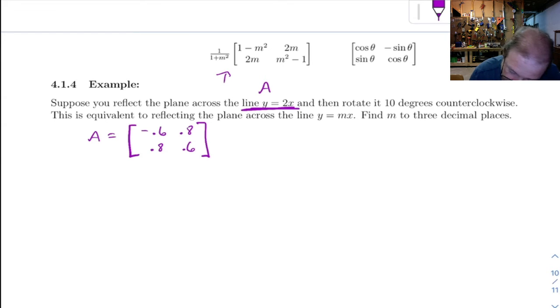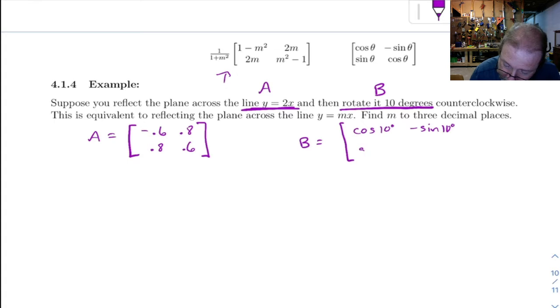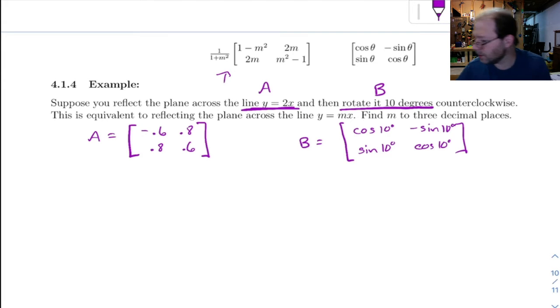All right, and then the rotation matrix of 10 degrees, I'm going to call that B. And so this is going to be cosine of 10 degrees, negative sine 10 degrees, sine 10 degrees, cosine 10 degrees. I could get Octave to work that out, but I'm just going to use a calculator because that's going to be quicker.